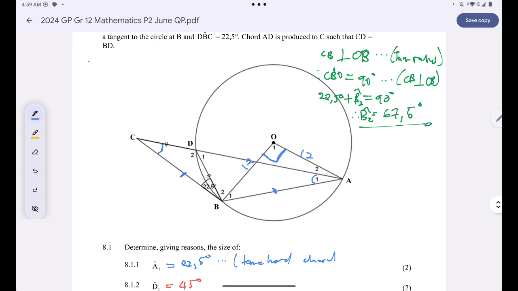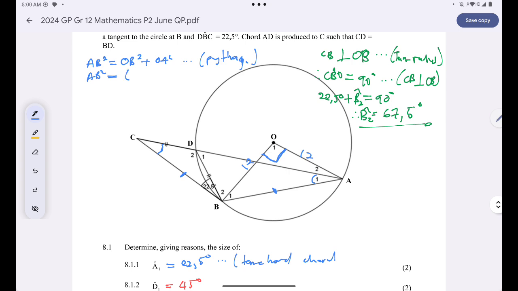So I can simply say AB squared is equal to OB squared plus OA squared, right? This is true because of the Pythagoras theorem. Are you together? So AB squared is equal to OB.